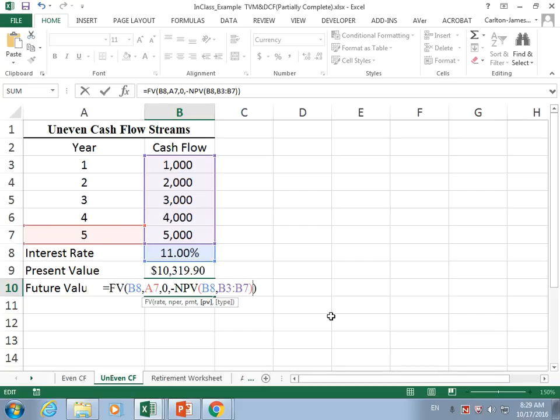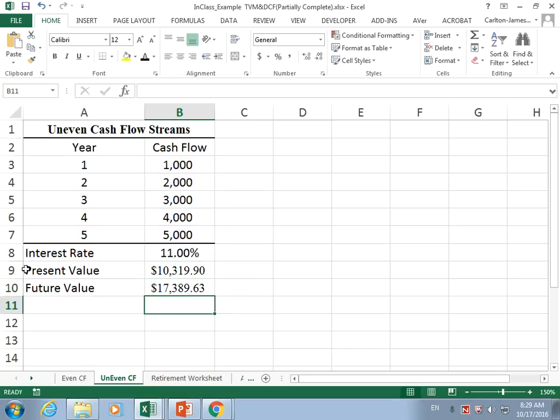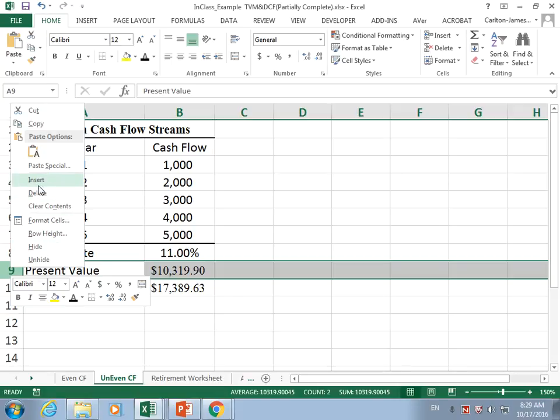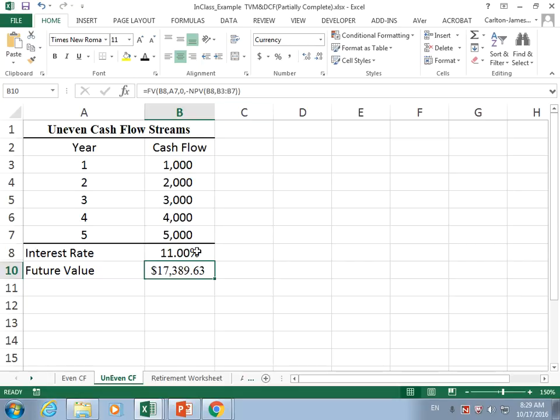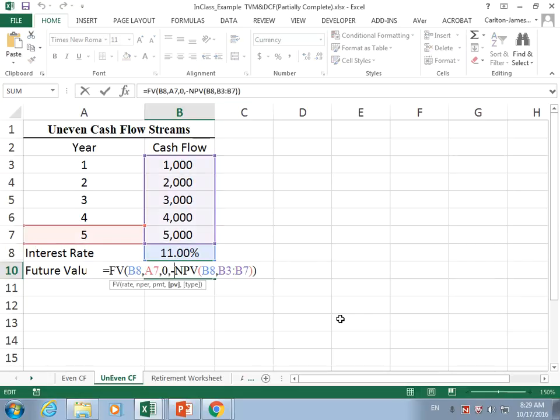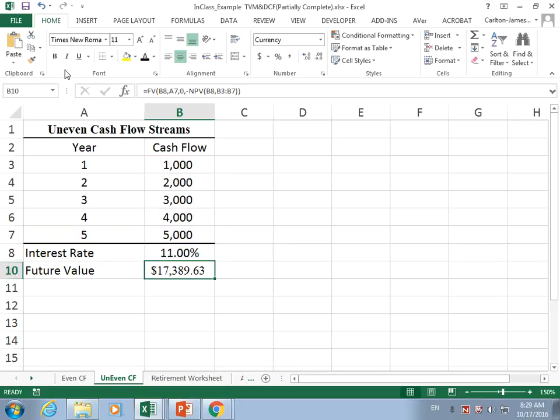So instead of having this helper cell, you simply put that in here, in which case you could ignore the present value since everything you have is in there. Fair enough?